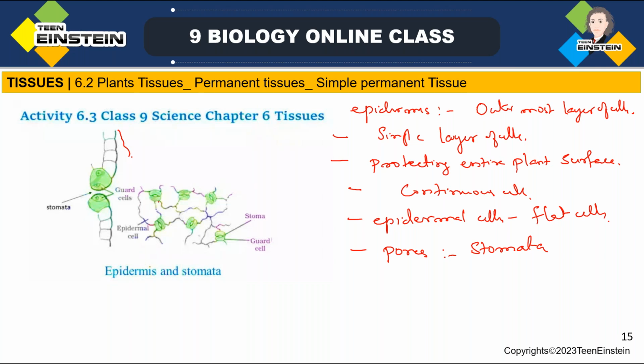In these stomata, you can see two kidney shaped or bean shaped cells. And this is for gaseous exchange. That is the role of stomata. The stomata is enclosed by two kidney shaped cells which are called guard cells, and these are very important for gaseous exchange with the atmosphere.